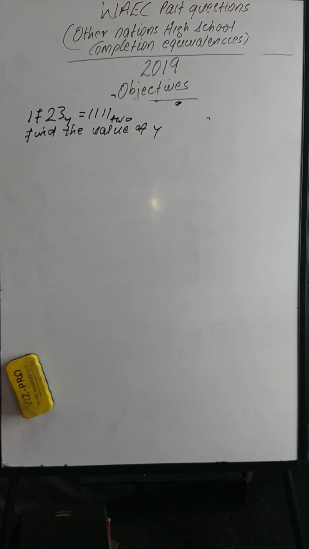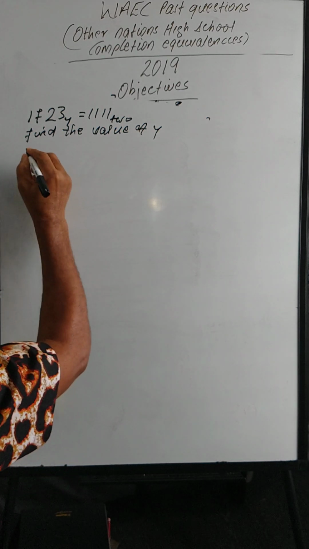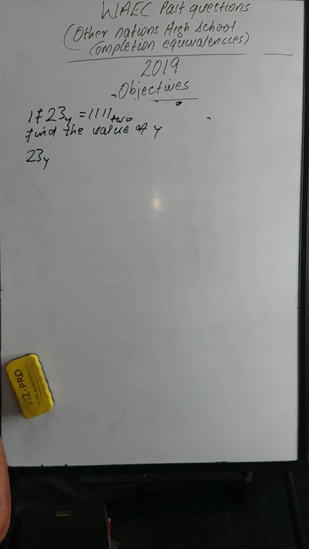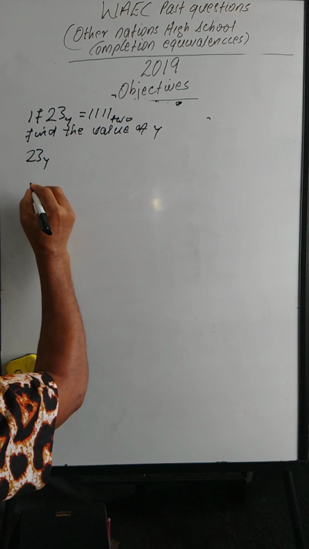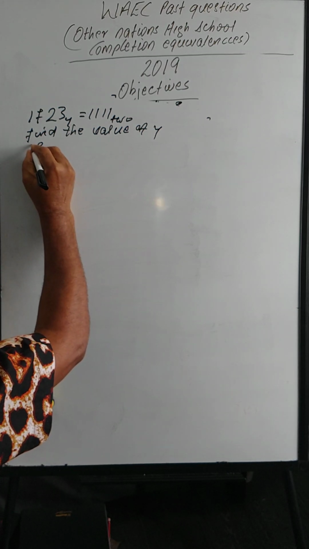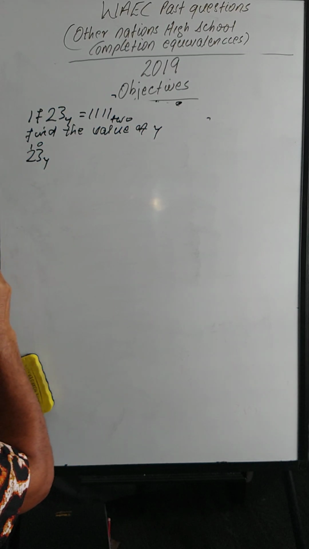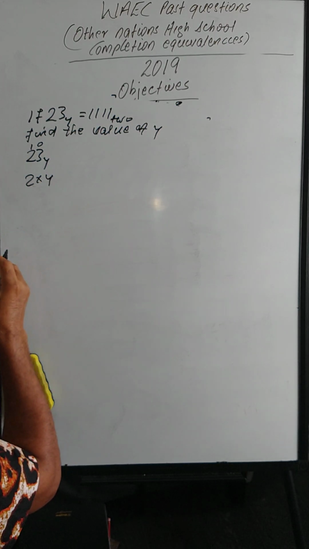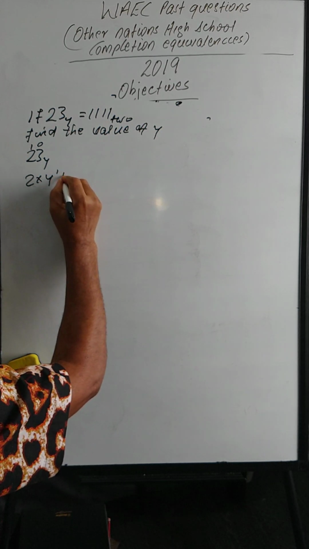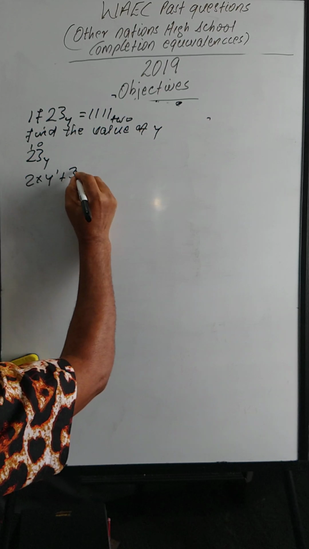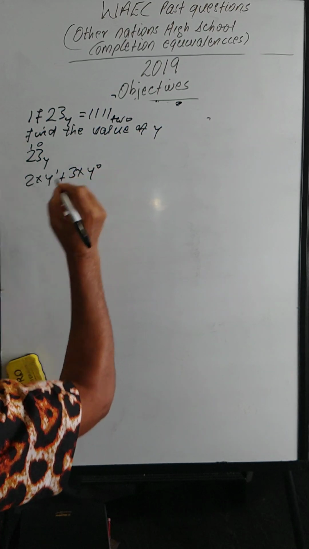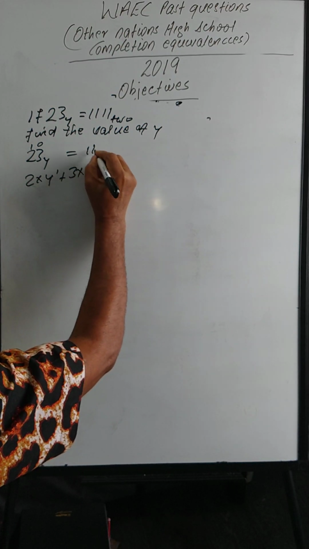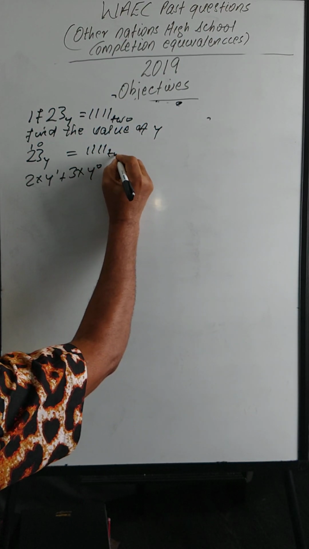By so doing, we now have the 2, 3y. We now result to, this is 0, this is 1. We now have 2 times y raised to power 1 plus 3 times y raised to power 0. Remember that this is 1111 base 2.